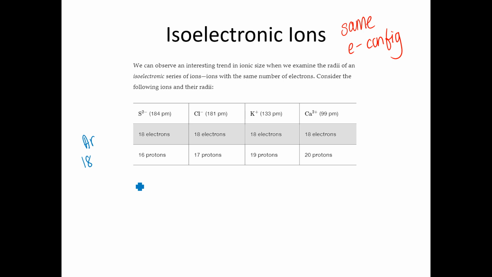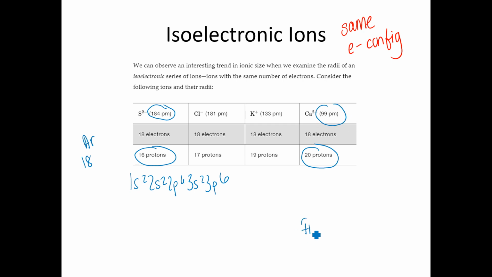So they'll all have the exact same electron configuration. So it's 1s2, 2s2, 2p6, 3s2, 3p6. What's different, though, is the number of protons that are in their nucleus. So what we notice is sulfur has the smallest number of protons, so it's got the largest radius. Calcium has the largest number of protons. It's got the smallest radius.